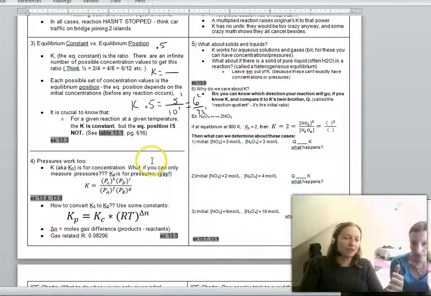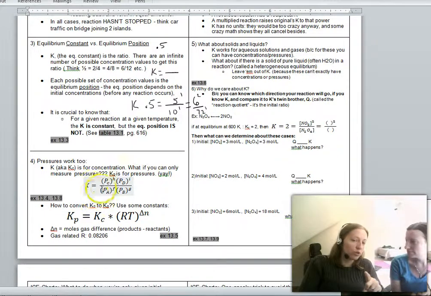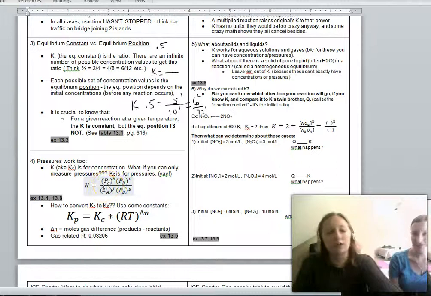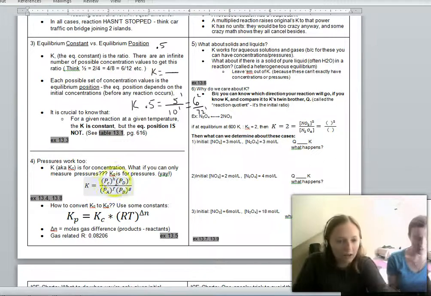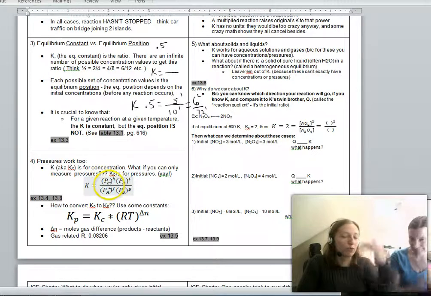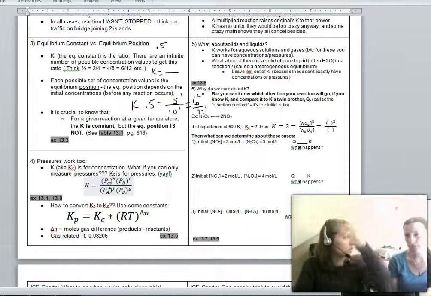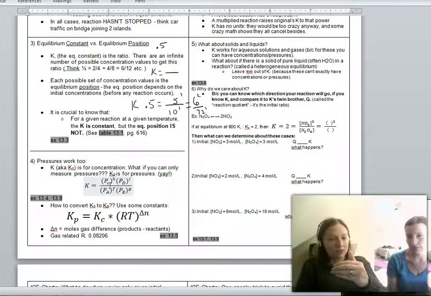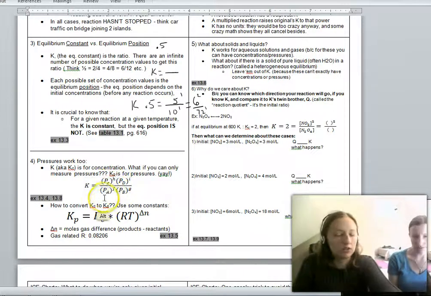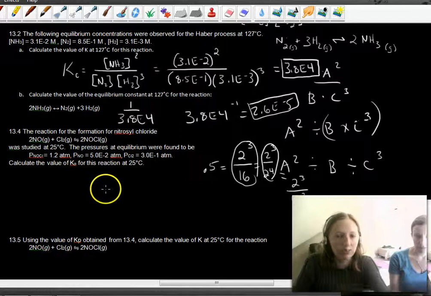So you will sometimes be given pressures, and you can just stick those pressures straight into your equilibrium expression. They want you to write it with P's, though. It ends up being exactly the same structure: products raised to their exponents over reactants raised to their exponents. So let's go do 13.4.